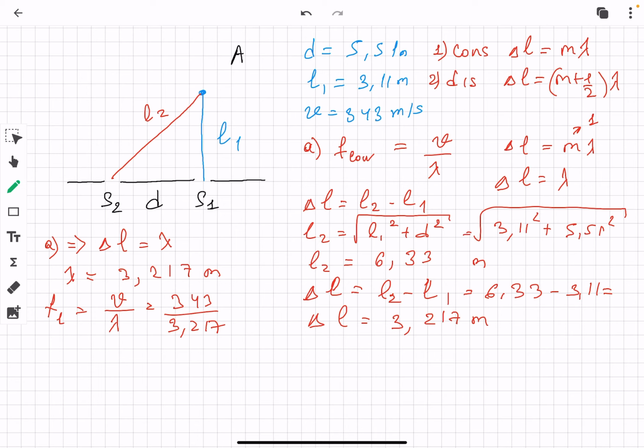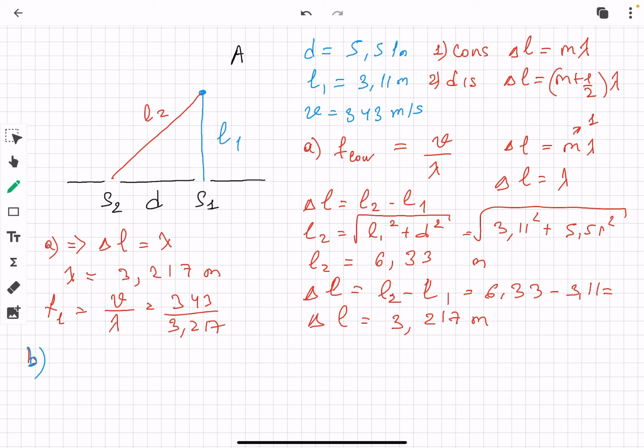Now what about part B? Part B asks for the second lowest frequency for which there is a maximum signal, because maximum signal means constructive interference.